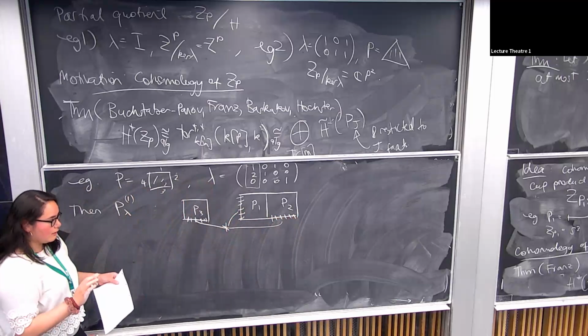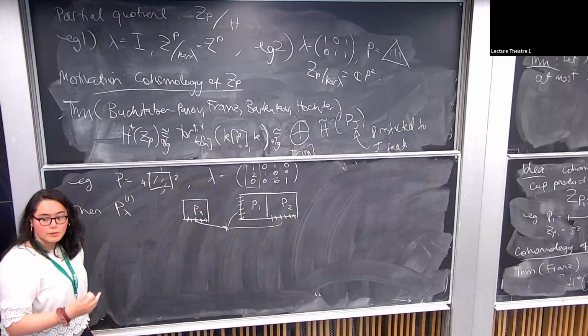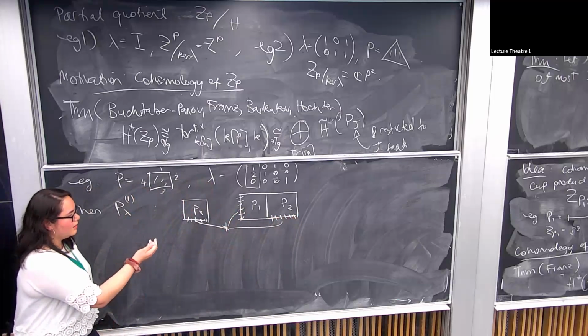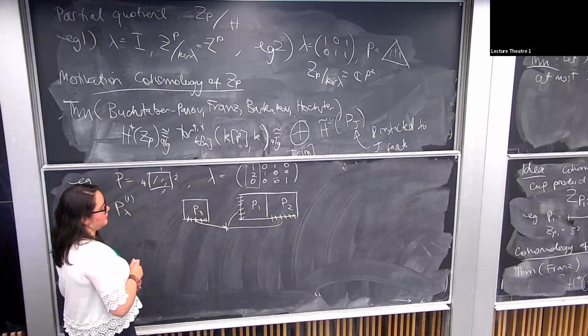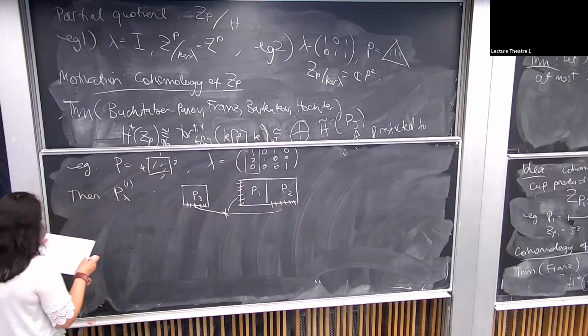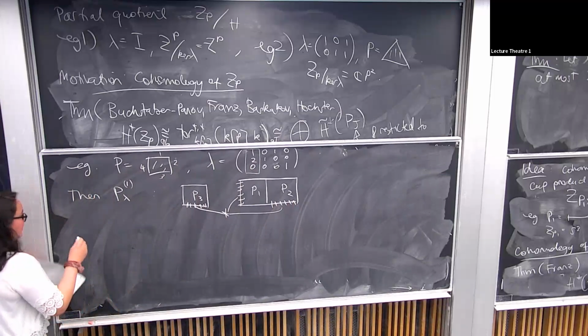Okay, we're still not quite done. I mean, we still need the weight, right? So far, we haven't accounted for what values there are in lambda. So yeah, we want to assign a weight.